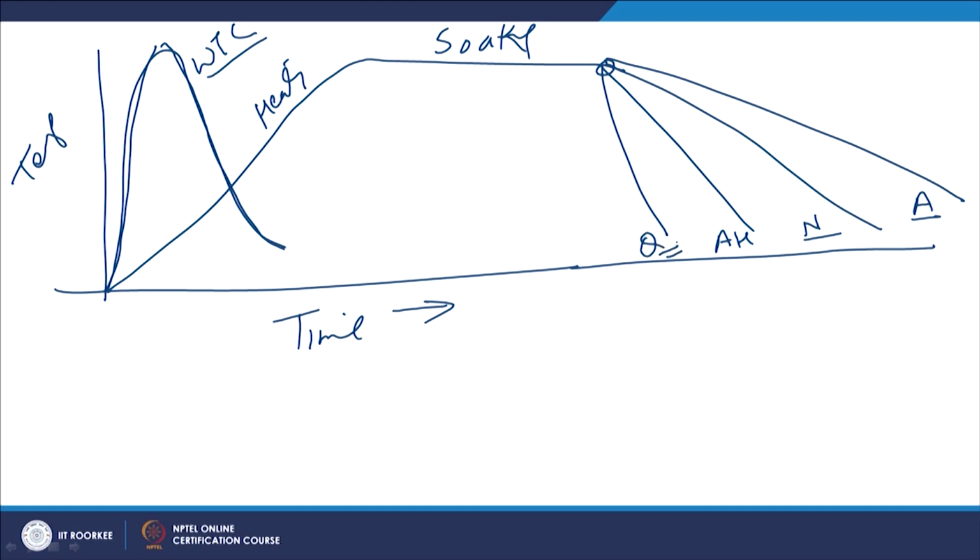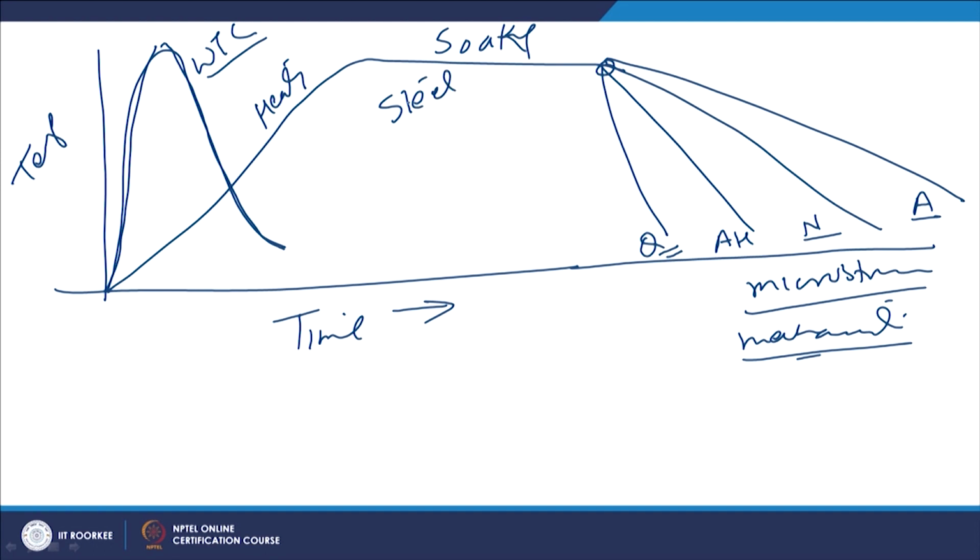So, the different cooling rates will be leading to the varying or changing microstructures, and which will be leading to the different mechanical properties. This is what is typically used in case of the steel for changing or realizing the different set of the mechanical properties.